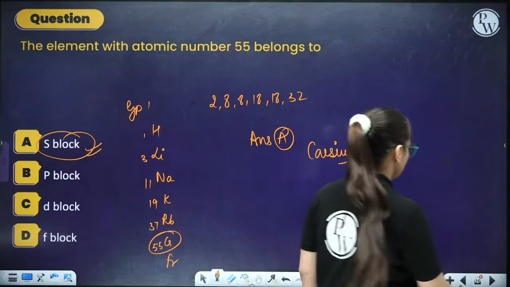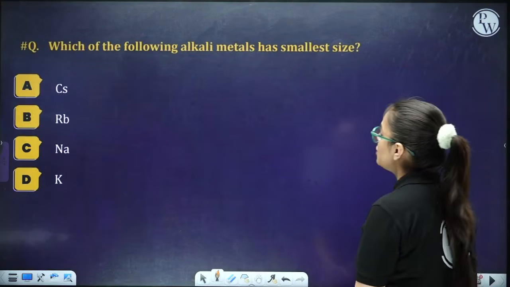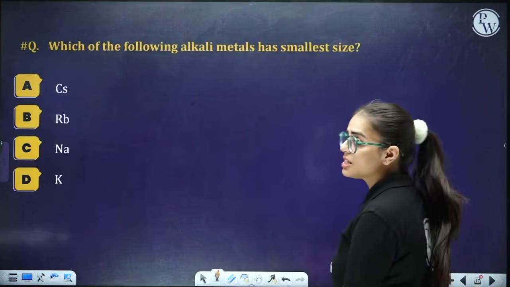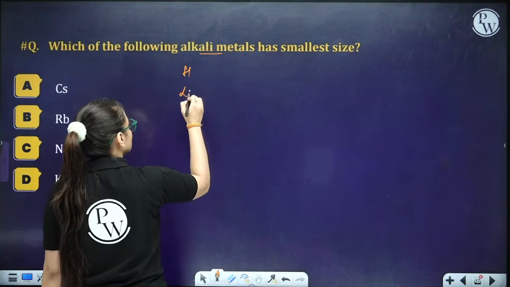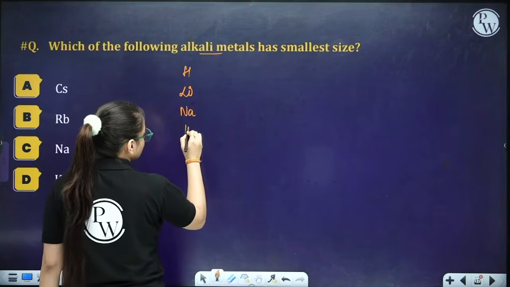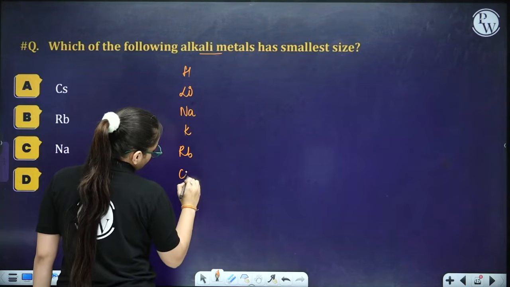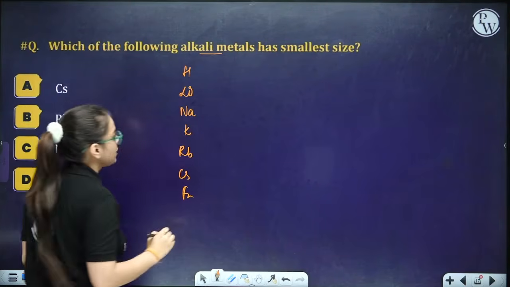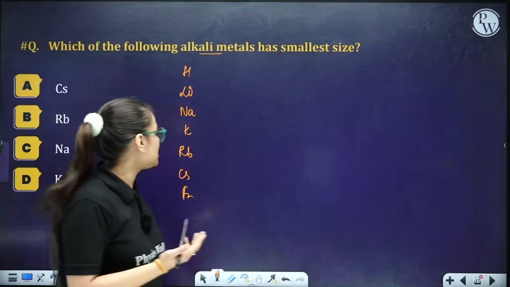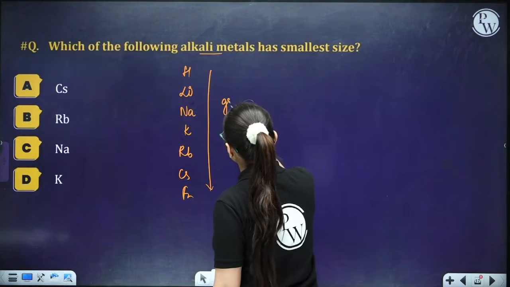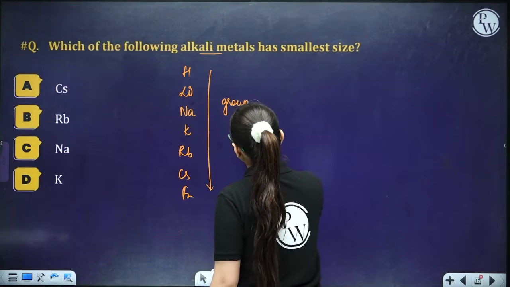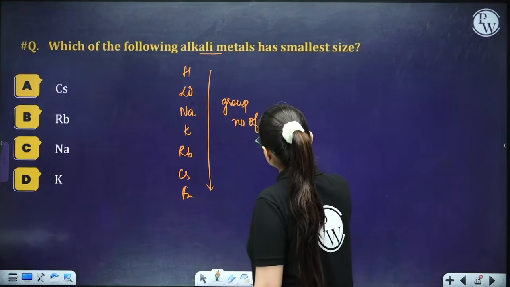That's great. Now students come, which of the following alkali metals has smallest size? Now alkali metals, what are alkali metals? It is basically hydrogen, lithium, sodium, potassium, rubidium, cesium and francium. So see, when you're moving from top to bottom in a group, what happens, ma'am? Number of shells increases.